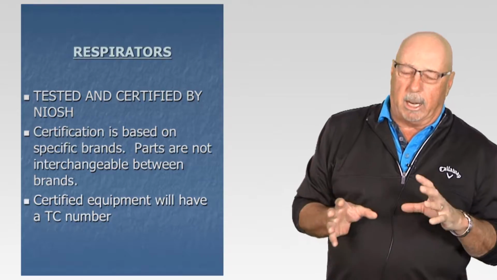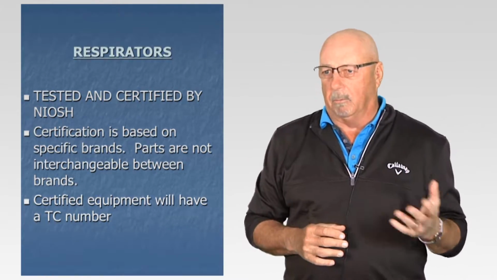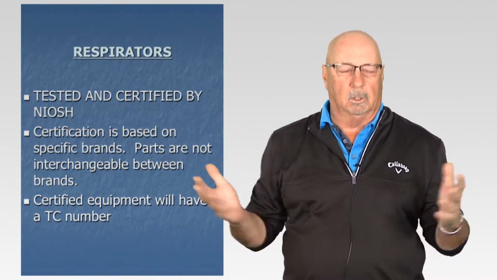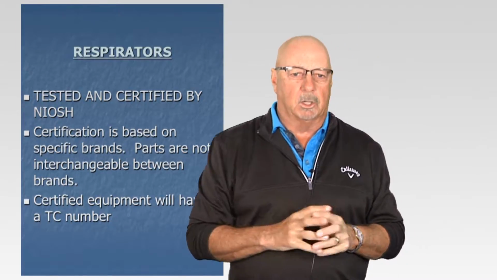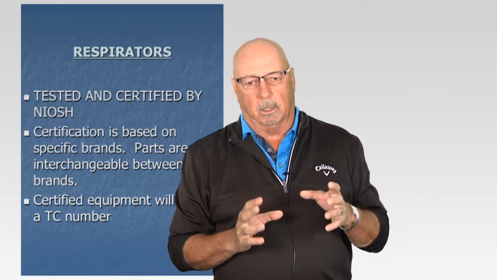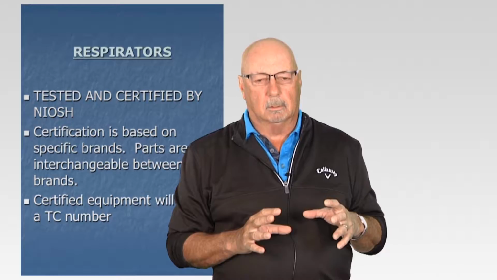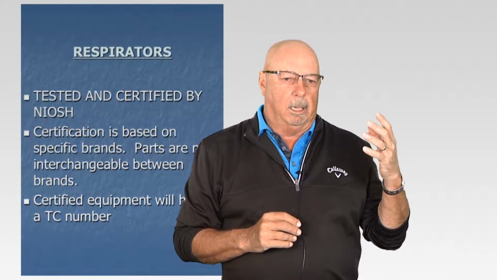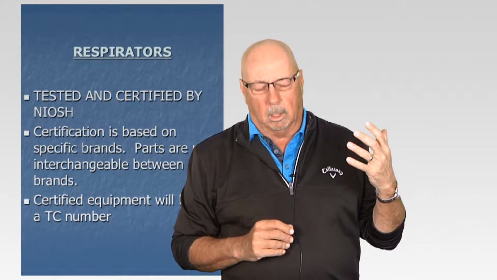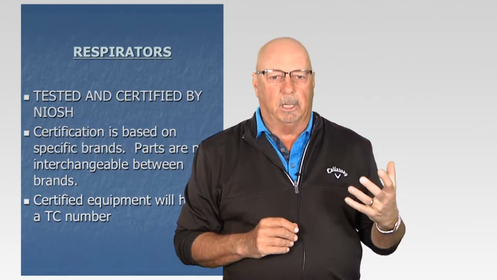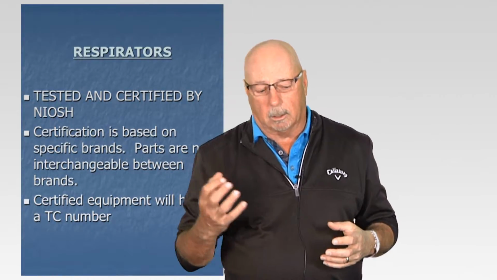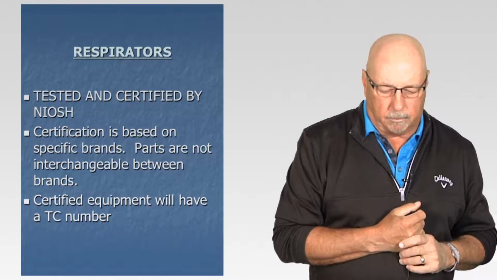There's multiple brands. You can have MSA, you can have North or Wilson, so there's a dozen different brands of respirators. Well, the parts on those respirators cannot be interchangeable. So if you're going to use a North brand face piece, then you've got to use North brand cartridges to go onto that respirator.